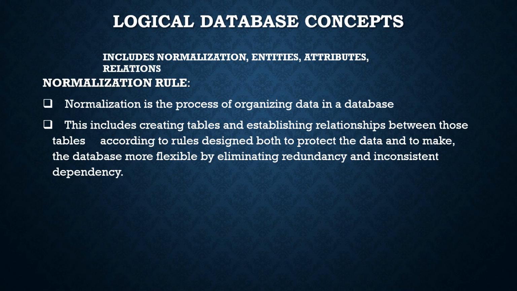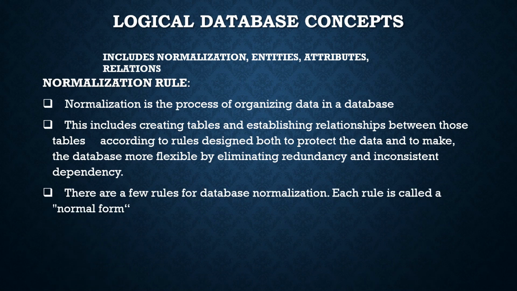There may be a lot of changes in the database or data types. So normalization rules include establishing relationships in such a way that they eliminate redundancy and inconsistent dependency.